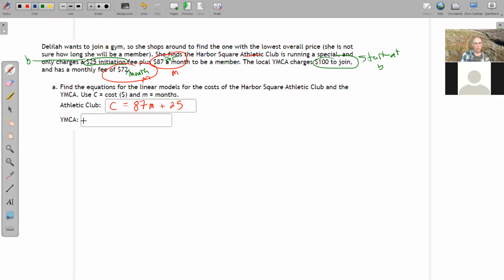And then the YMCA, it says use a C also for all the costs. So C equals, that one was a monthly fee of 72, so 72m, that's our slope, starting at $100. I think that was the hardest part, reading it and deciphering how to write those equations. So those are my two equations there.